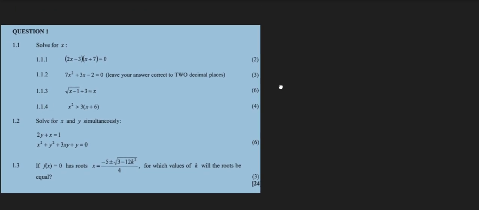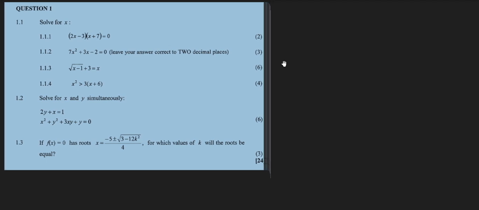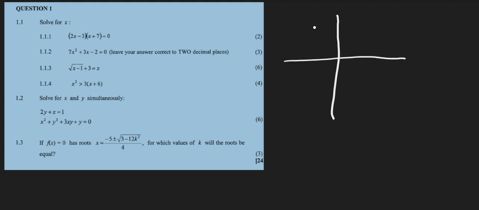On 1.1.4, we are given a quadratic, which is x squared. I will try to draw these two equations so that I can explain this for you to understand, because understanding it is important.